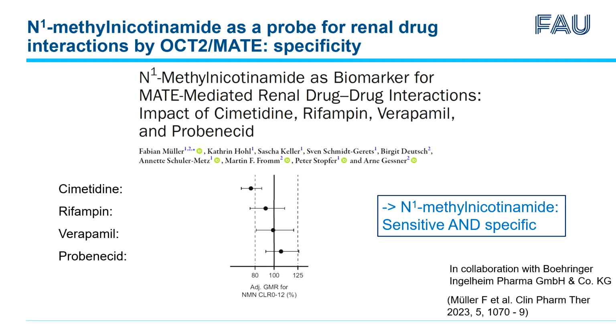But this is not the focus of our study. We had access to these samples and checked whether, first of all, the cocktail compounds affected NMN concentrations, which was not the case, but I don't show you the data here.